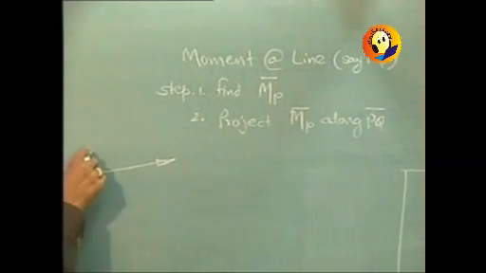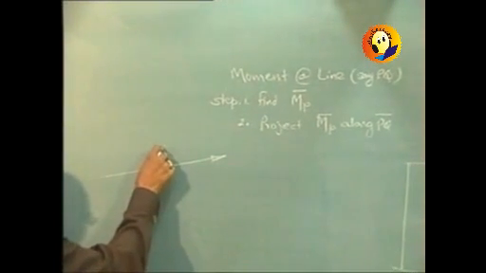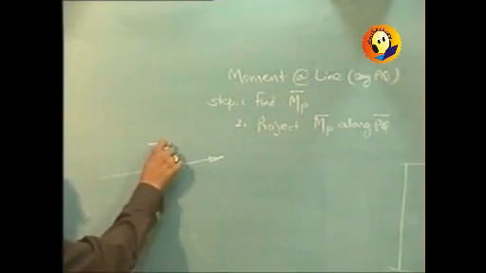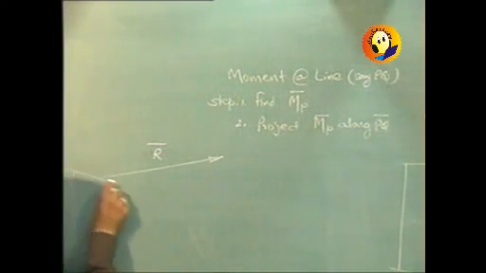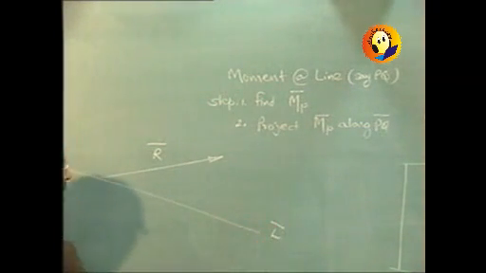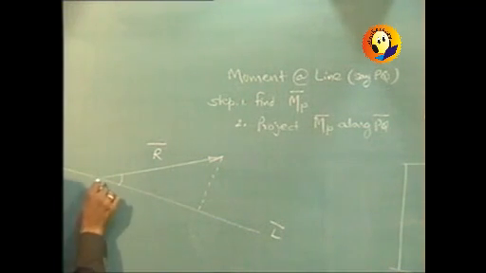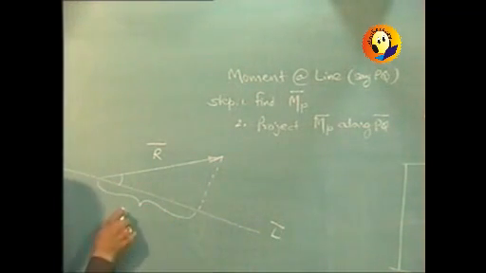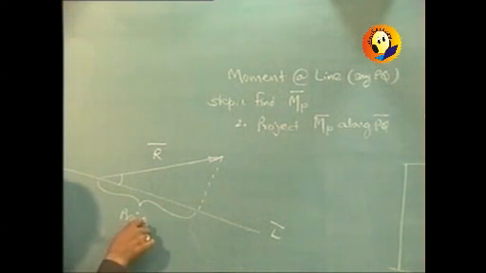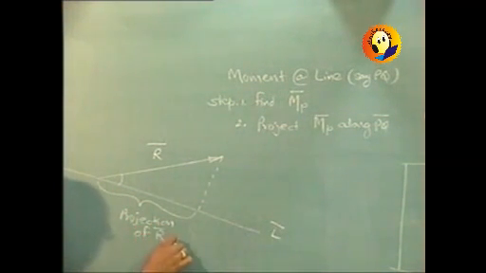Suppose vector R bar is to be projected along some line, say L bar, then the projection will be this part. This is called the projection of R bar along L bar.